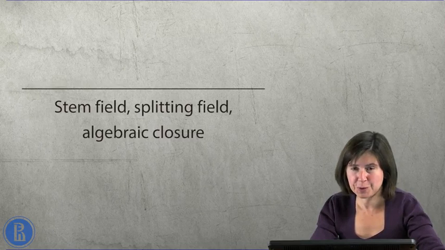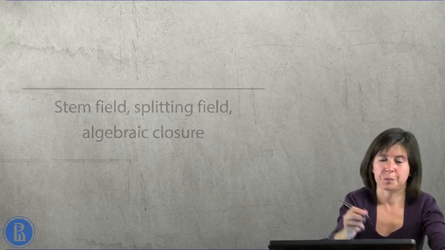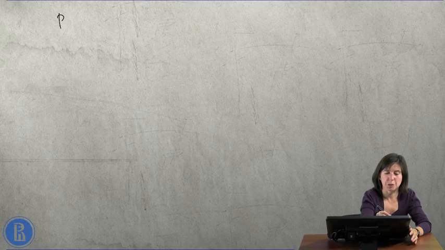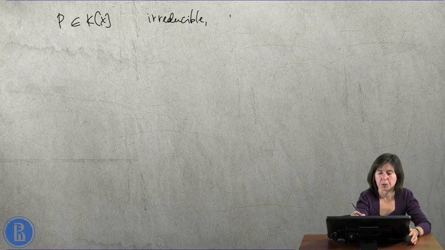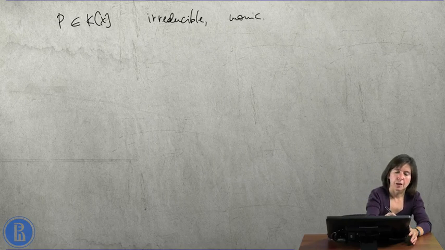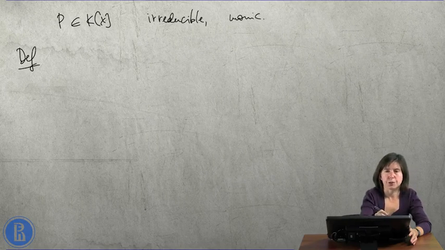The subject of today's lecture is stem field, splitting field, and algebraic closure. So consider a polynomial p in k of x, which is irreducible and monic. Let me give the definition.